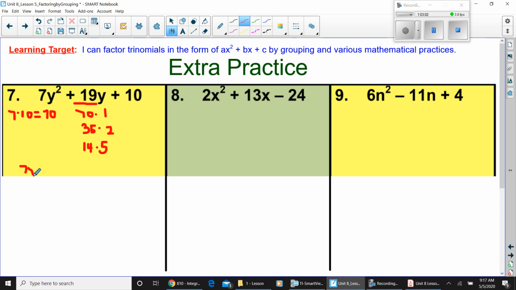I have 7 now. Just going to copy this down. 7y squared plus 14y plus 5y plus 10.